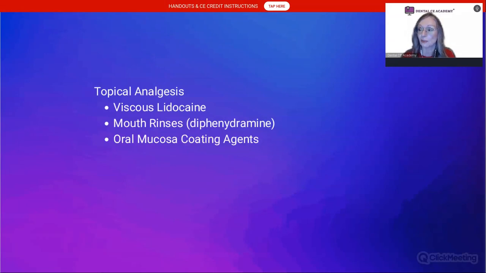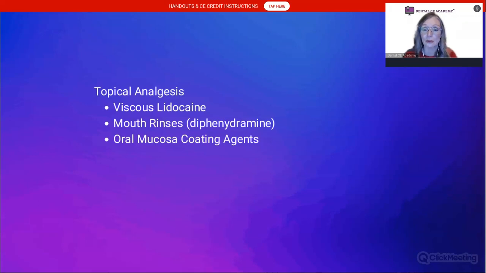Viscous lidocaine is something that is in some of the Magic Mouth rinse. I'm not sure about the consistency of the over-the-counter, but it's something that we used and worked on with compounding pharmacies. Mouth rinses that contain diphenhydramine, Benadryl, and then oral mucosa coating agents. So that was the reason for the milk of magnesia, for instance.